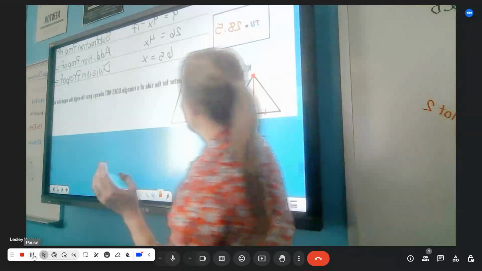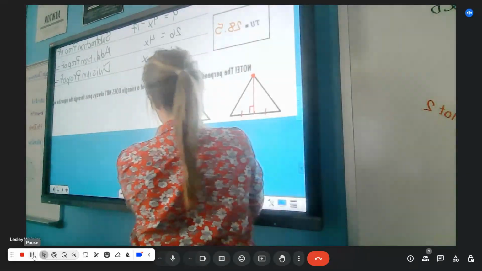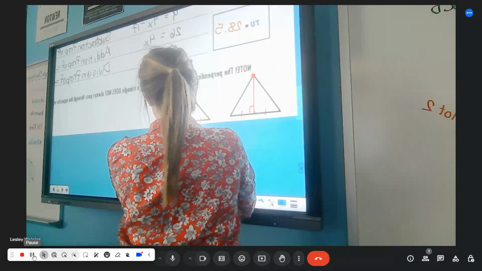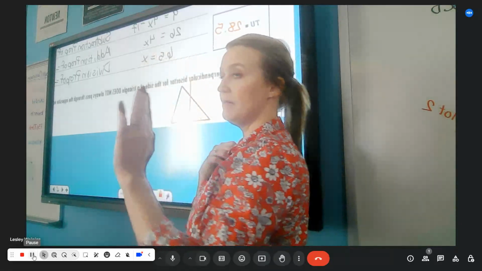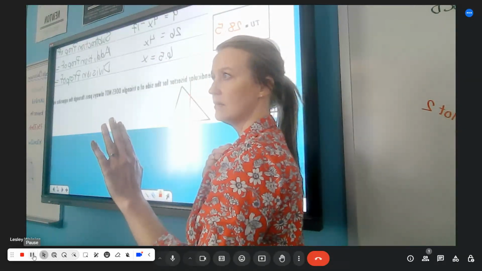I mean, it's a little crooked, but you get the idea. Okay, it's chopping the side into two, okay? It's not going through the opposite vertex. Does everybody see what we're talking about?